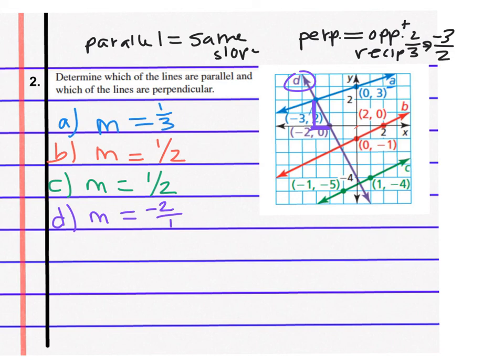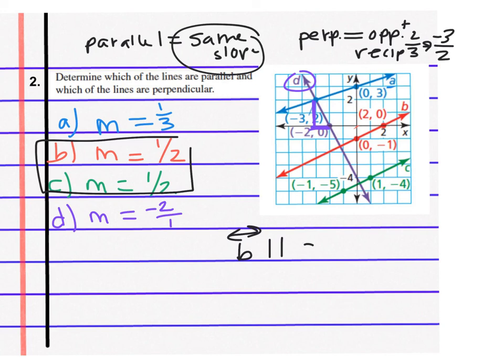So let's start with parallel. What lines are parallel? Parallel should have the same slope, so that would be lines B and C. I'm going to write that out. Line B is parallel to line C. How do I know that? They both have a slope of 1/2.